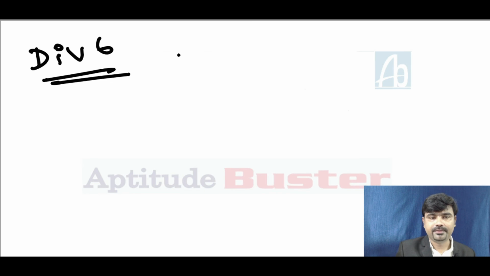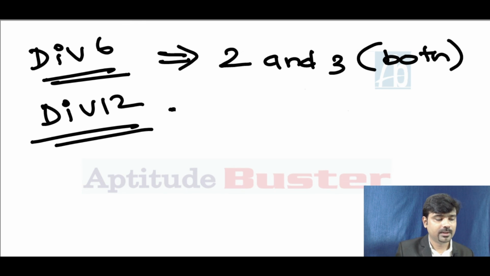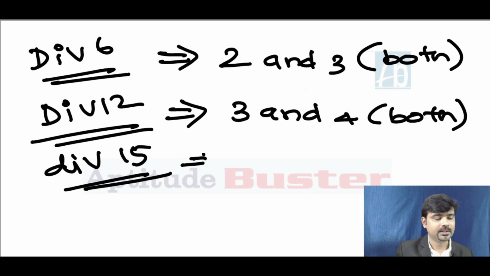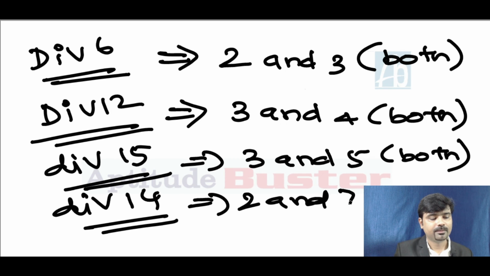Divisibility rule for 6 is very simple. That number should be simultaneously divisible by 2 and 3 both. The divisibility rule for 12 is nothing but that the number should be divisible by both 3 and 4. Divisibility rule for 15, the number should be divisible by 3 and 5 both. For 14, the number should be divisible by 2 and 7 both.